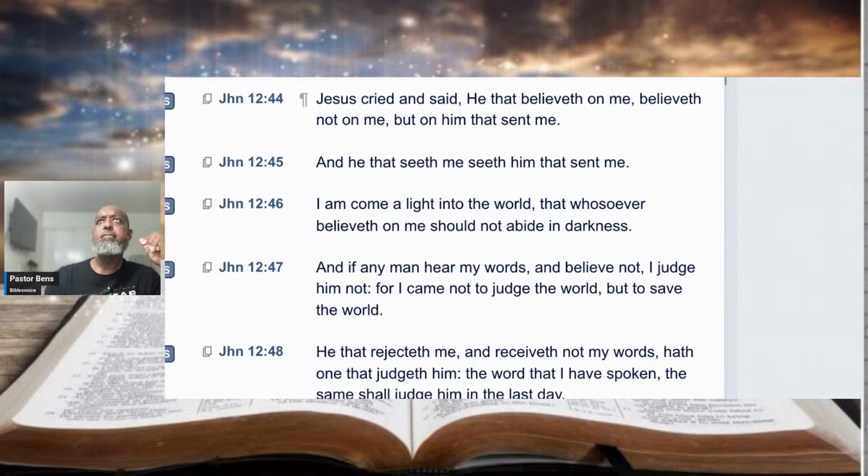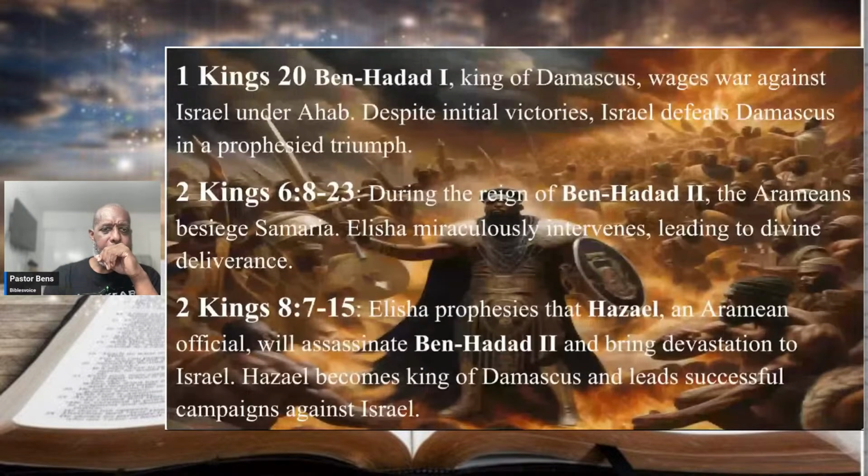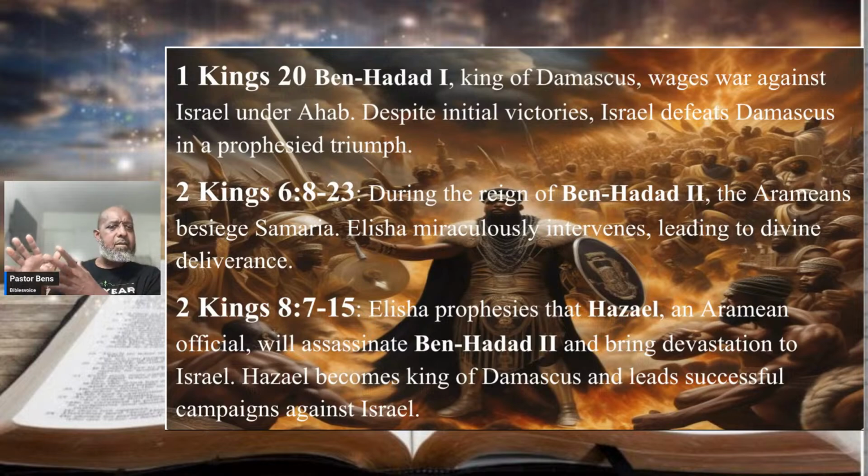Here we go. Let's go back here. So we have King Ben-Hadad commanding men to turn their back on Yah, to give up everything that Yah has given to them. All right.